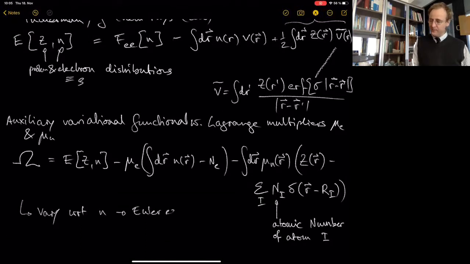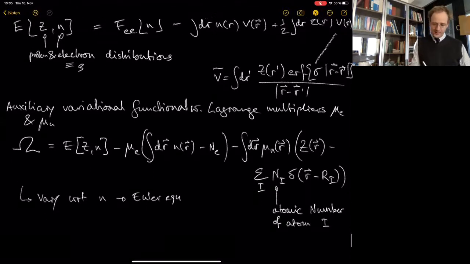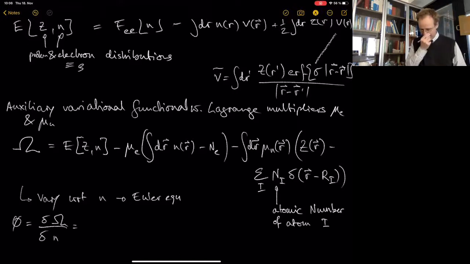equation for the electrons. So 0 equals, and n is a function, so there's a functional derivative, and only the energy depends on n, so we have dE/dN, and the Lagrange multiplier, right?